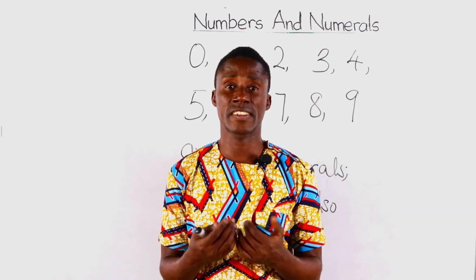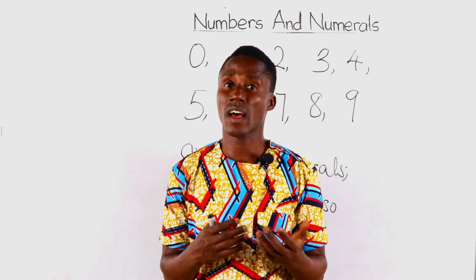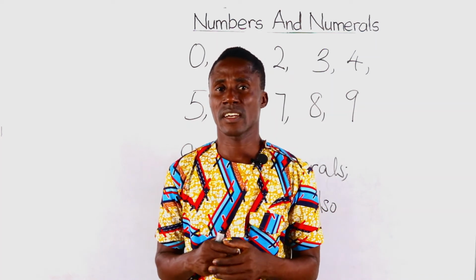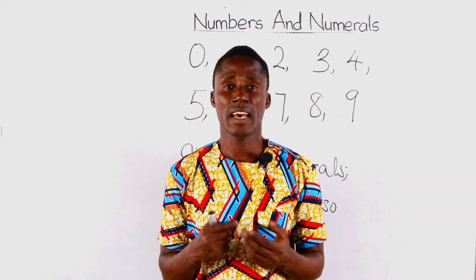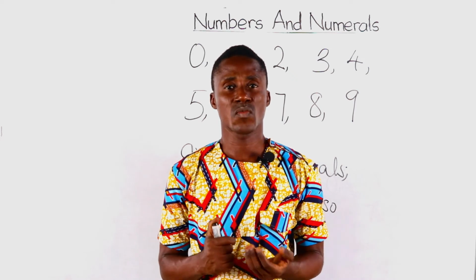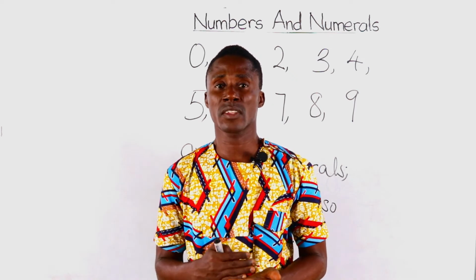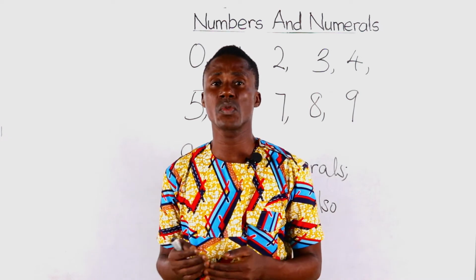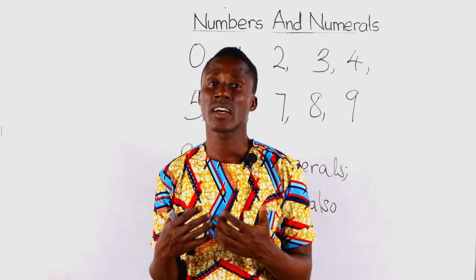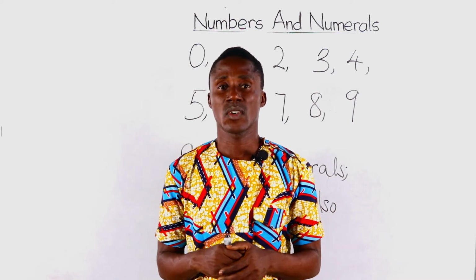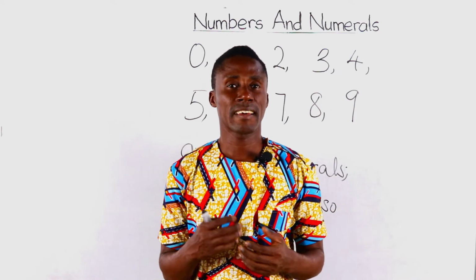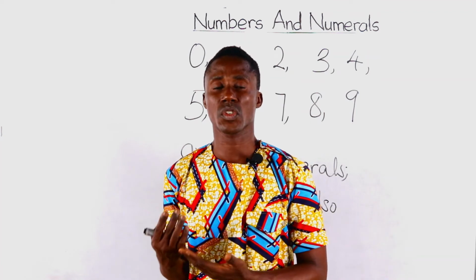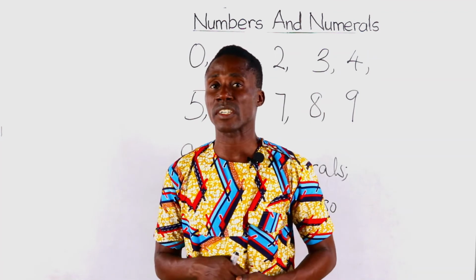And we gave an example of a symbol as the Ghana flag. Then we learned about what a numeral is. We said a numeral is a symbol that is used to stand for a number. Or a numeral is a drawing that is used to stand for a number.